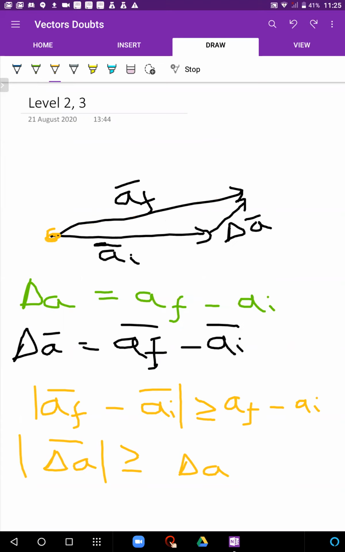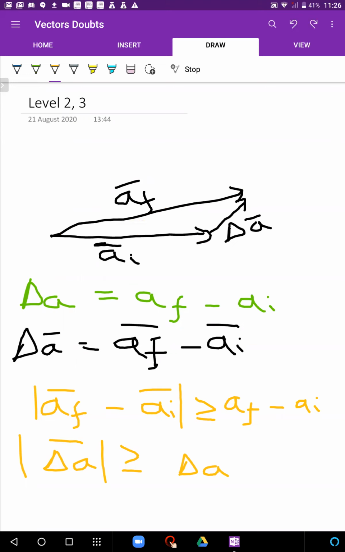So when my vectors are joined tail to tail, by parallelogram law this diagonal becomes the subtraction vector. More importantly, if I want A final minus A initial, then I'll need to put the head on A final and the tail on A initial. So that's how delta A bar looks. This vector over here is delta A bar.